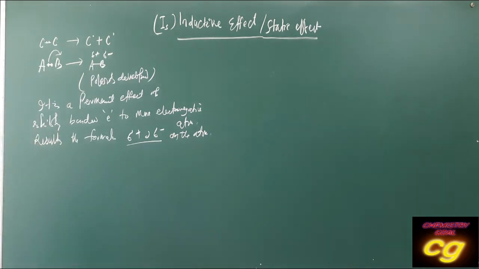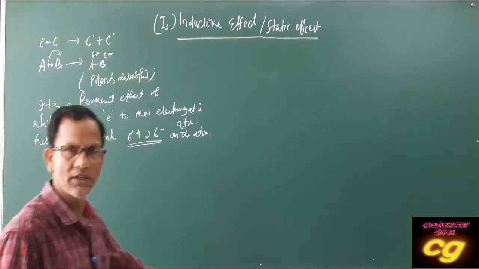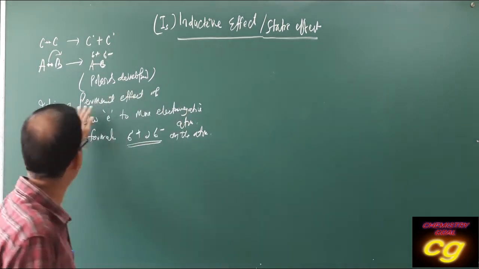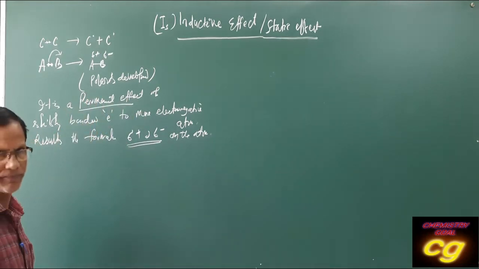On the atoms, partially positive and partially negative charges form due to the difference in electronegativity. This is called a permanent effect, that is called the inductive effect.